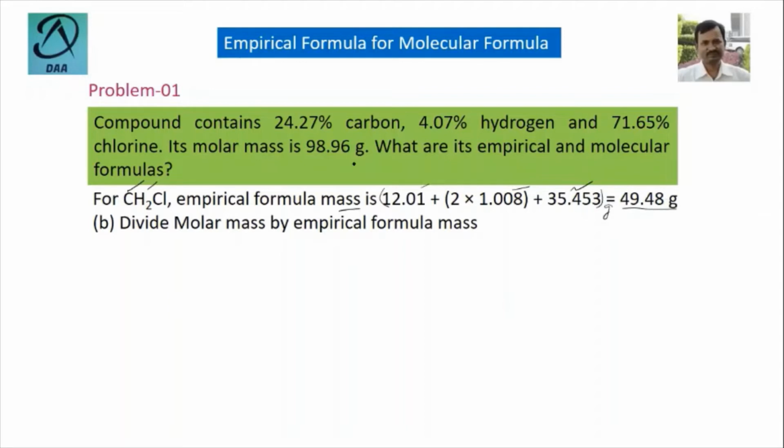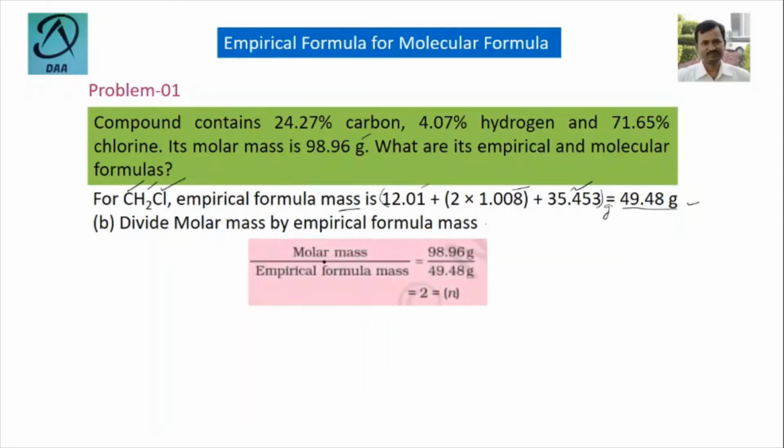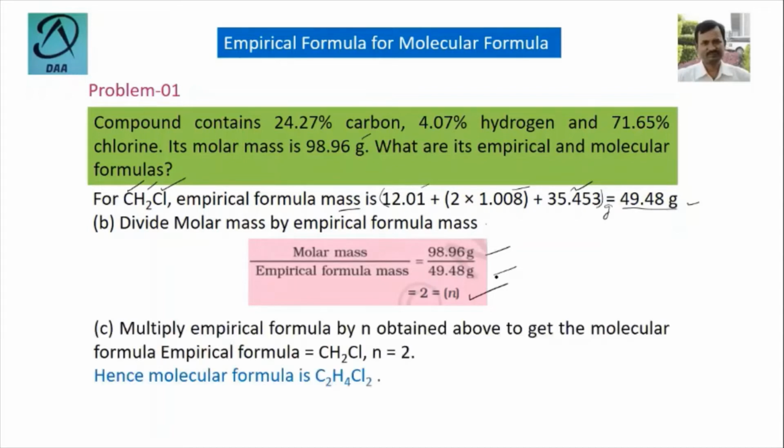If the molar mass is divided by this empirical formula mass, you get a number, and you multiply the empirical formula by that number to get the final molecular formula. Here, n is equal to 2. If you multiply CH2Cl by 2, your final molecular formula will be C2H4Cl2.